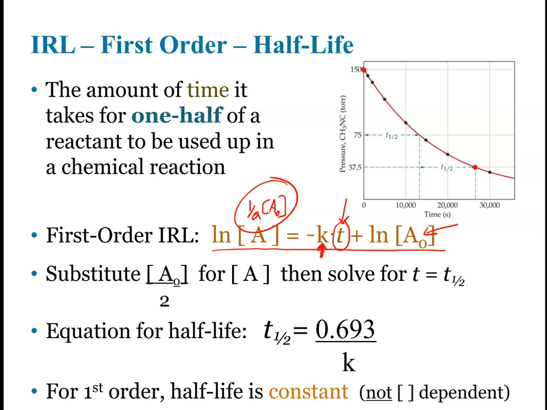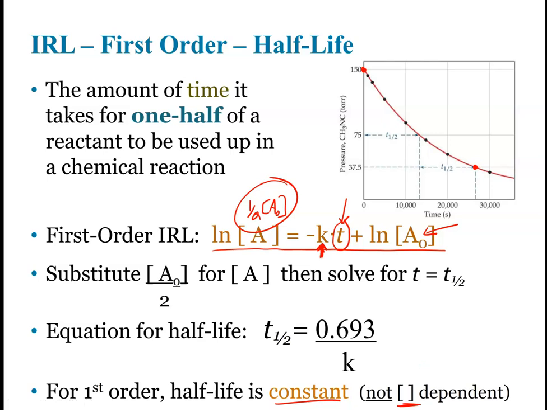Now, if you do this with any first order reaction, it actually turns out to be a really cool result. What you would find out is that the half-life of a first order reaction is constant. It is not concentration dependent. It's kind of odd, but this is the way it works.